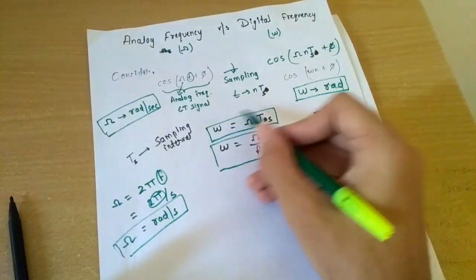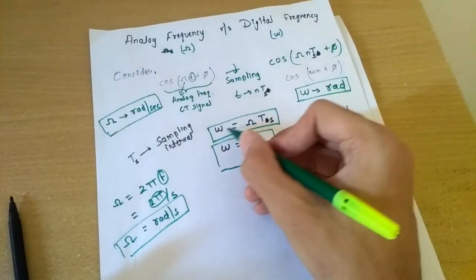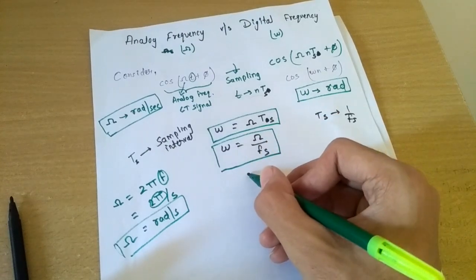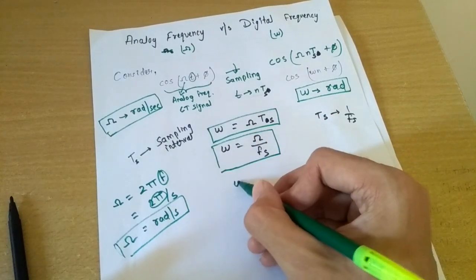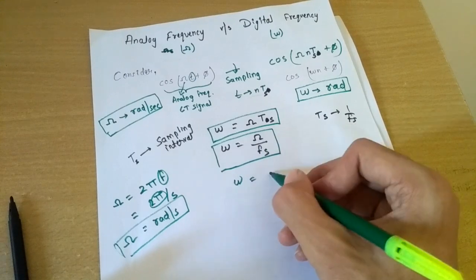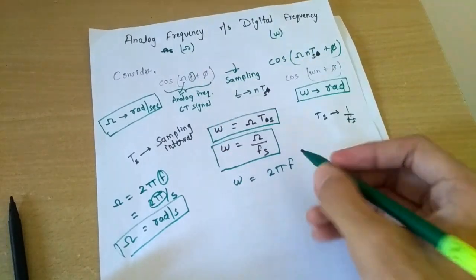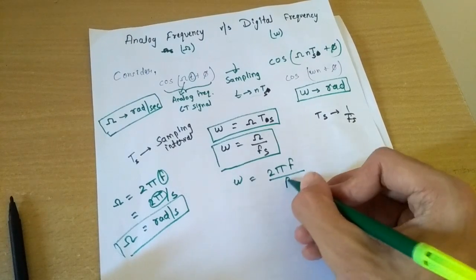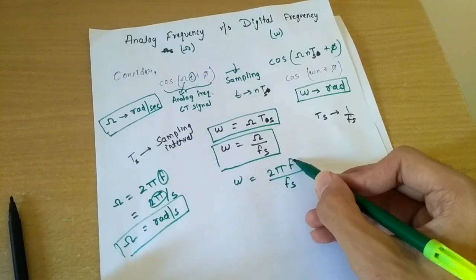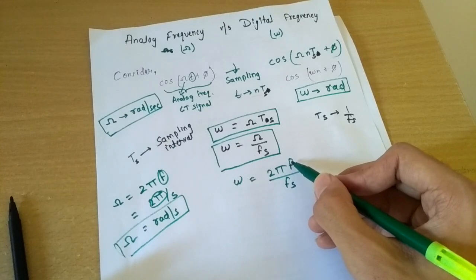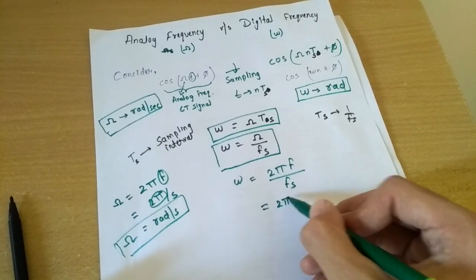But now come to this relation. Since ω equals Ω times Ts, what will happen from this equation? We can write ω as 2πf, where f is the frequency of this time domain signal in hertz, divided by fs. Now you can see f and fs both have dimension hertz, so we are left with just 2π.